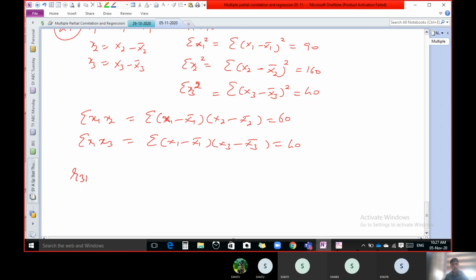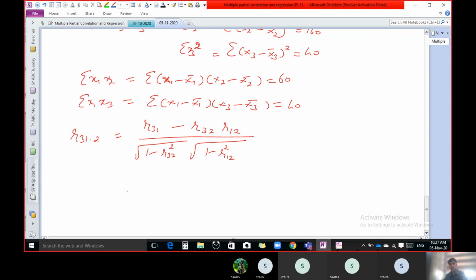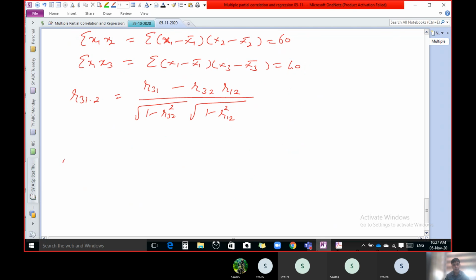R31.2, we know the formula: R31 minus R32 R12 upon root 1 minus R32 square, root 1 minus R12 square. But we don't know R12, R23 and R31. So to calculate that, use the simple correlation.